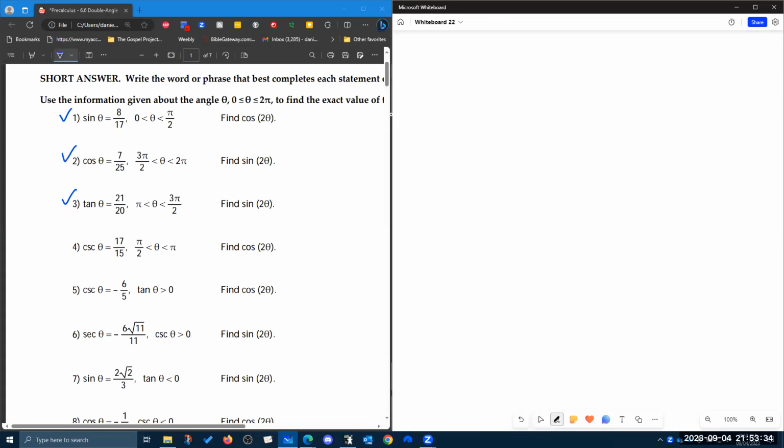Cosecant is going to be 17 over 15, and we're in quadrant 2. That's a negative 8. And I want cosine of 2 theta. And this means that sine theta is equal to 15 over 17.